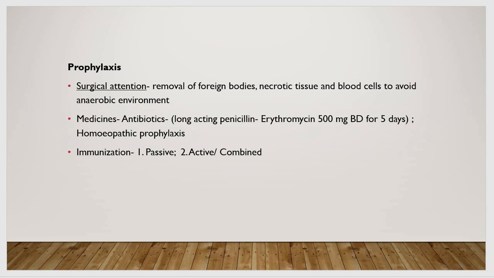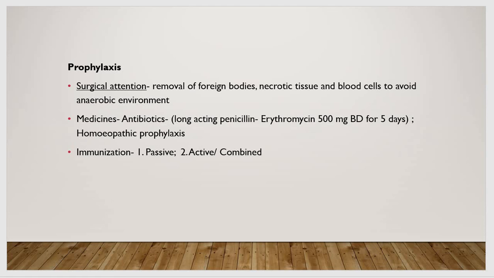Prophylaxis. Prophylaxis is done in 2 or 3 ways basically. So first is surgical attention, removal of the foreign bodies. If it's causing the onset, or if it's still present at the region of the wound, it is removed. The removal of foreign bodies, necrotic tissue and blood clots is done to avoid the anaerobic environment, because this bacteria grows in anaerobic environment.